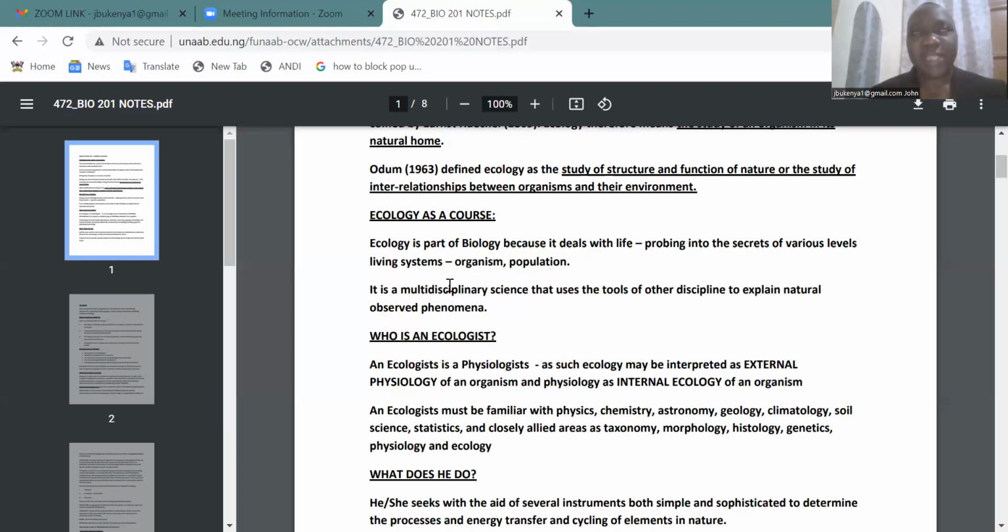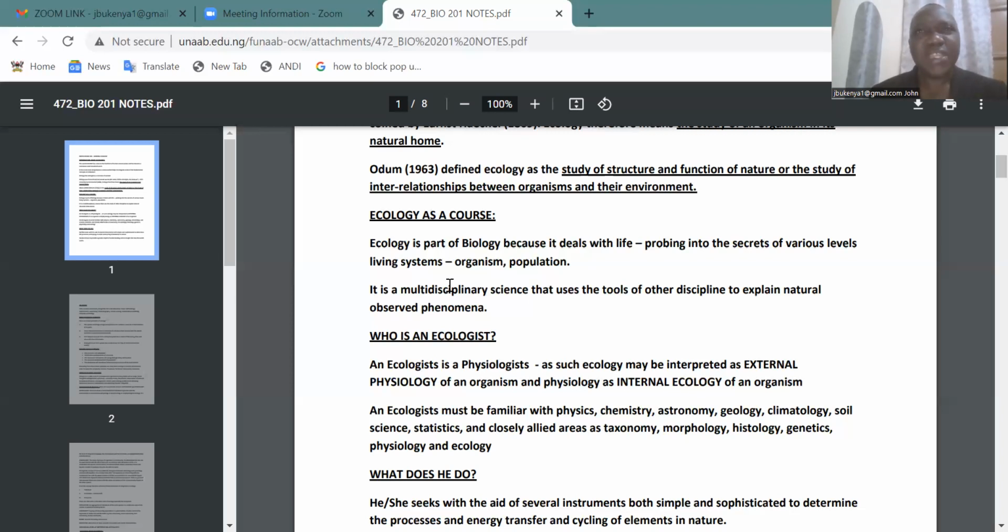Then ecology progresses from population to community level. So we can have community ecology, where a community in this case is organisms belonging to different populations and therefore different species, but that are living in the same area, sharing the same habitat.